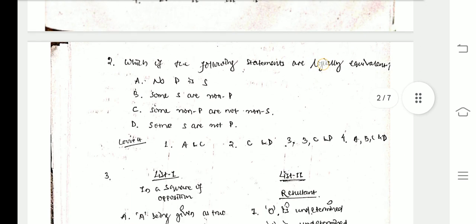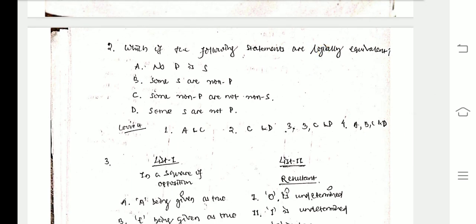Now next question: which of the following statements are logically equivalent? No P is S means these are different circles. Some S are non-P. Let the first circle be S, the intersection in the middle, and on the right we have P. Some S are non-P.